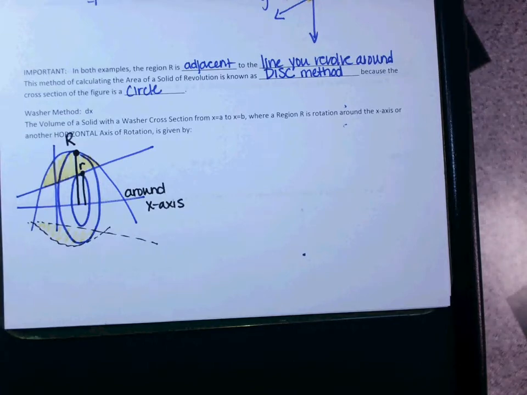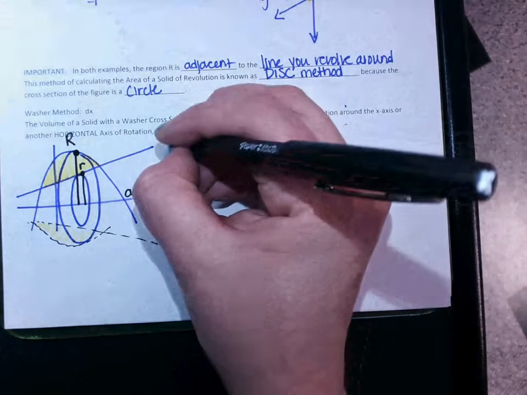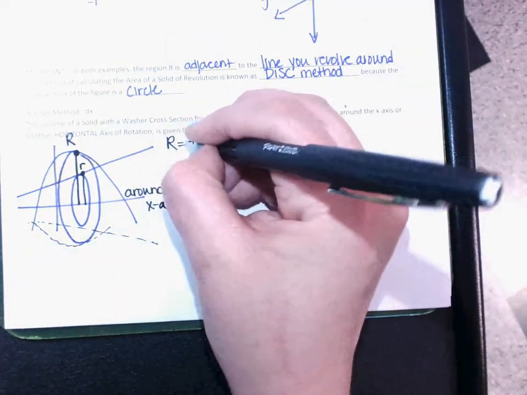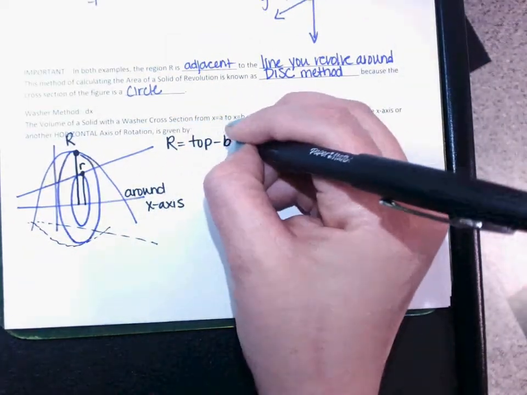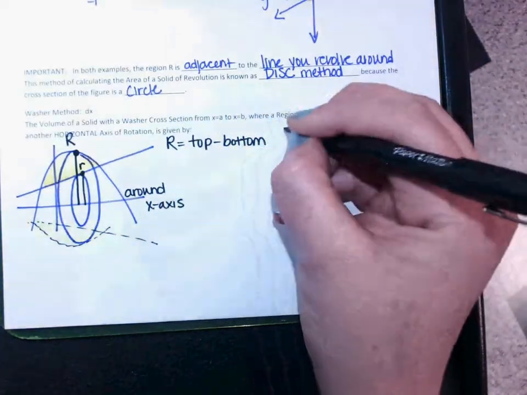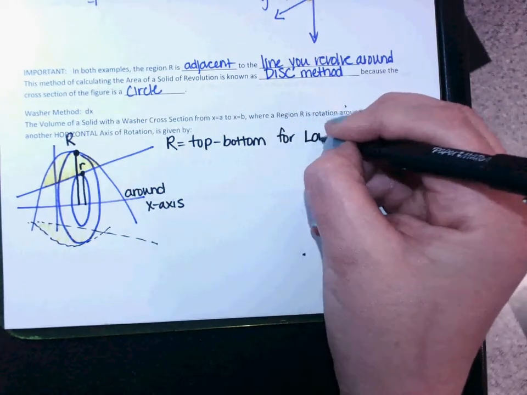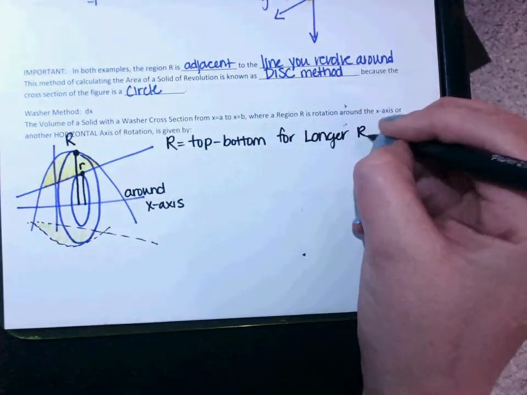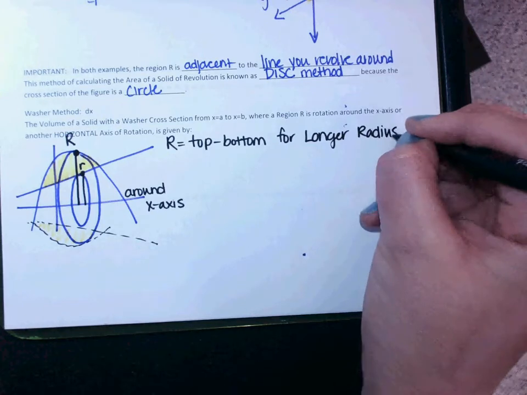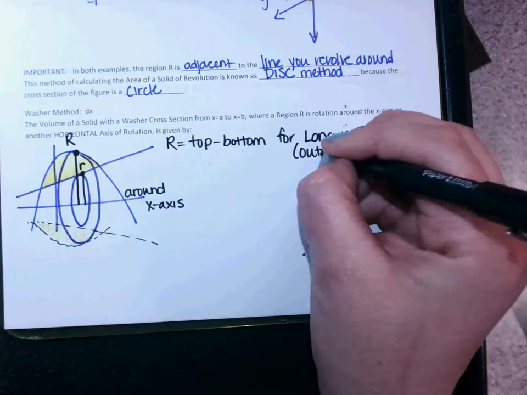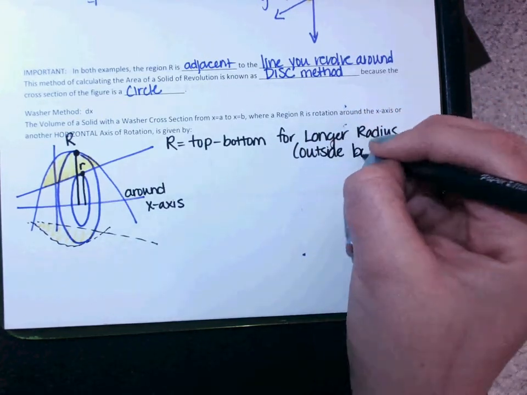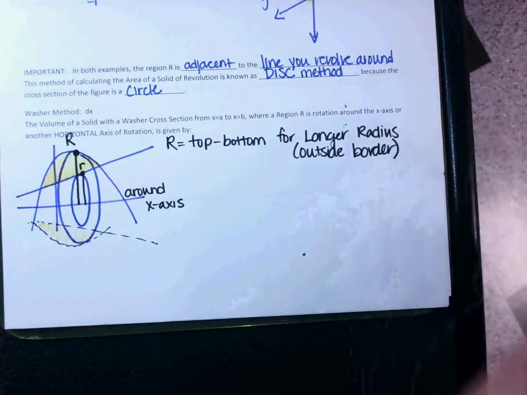Now, do you notice that they're still both top minus bottom? Yes. Okay, so I'm going to put capital R equals top minus bottom for the longer radius. And I will usually say the outside border. Okay, so I want you to know what I mean by that.